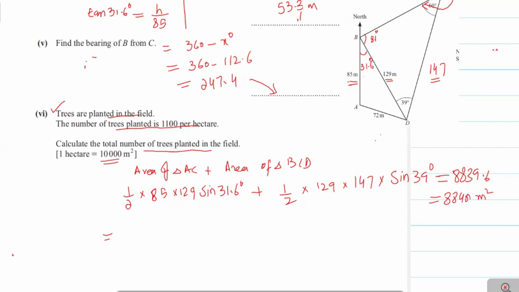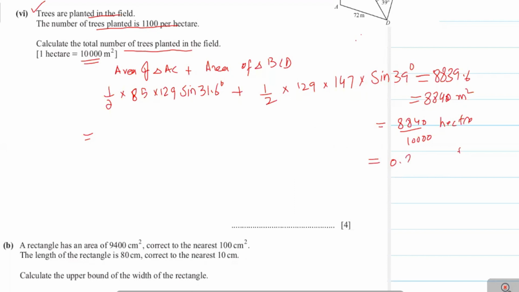If we divide this value 8840 by 10,000, this value becomes 0.884 hectare, and here is the number of trees. Number of trees here, and this is area, and this area in hectares.